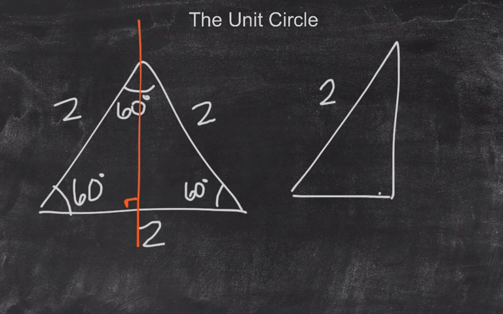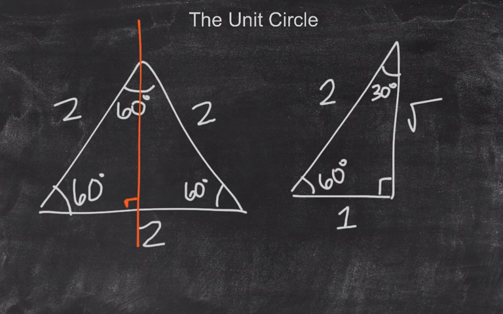That wasn't changed. I'll have a 90-degree angle here. My 60-degree angle on the left side didn't get changed, and this 60-degree angle up top got cut in half, so that's now 30 degrees. So this is a 30, 60, 90 triangle, and my base length got cut in half, so it's now a length of 1.